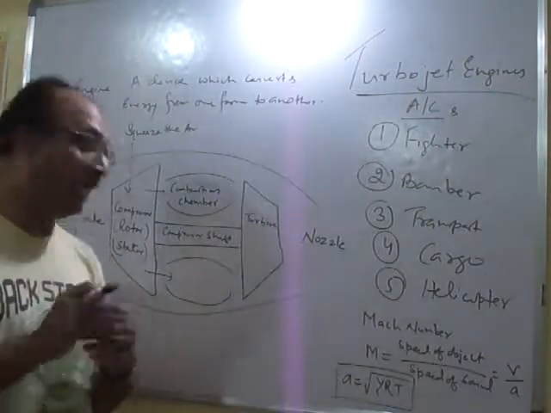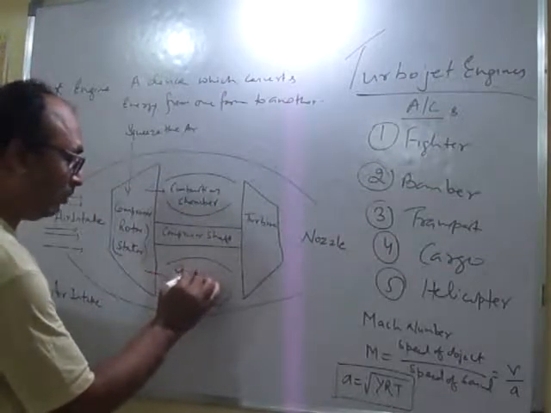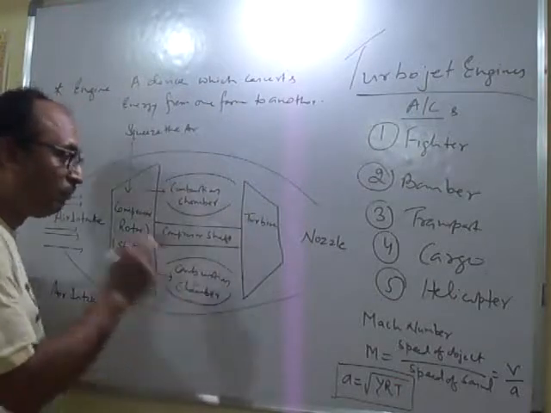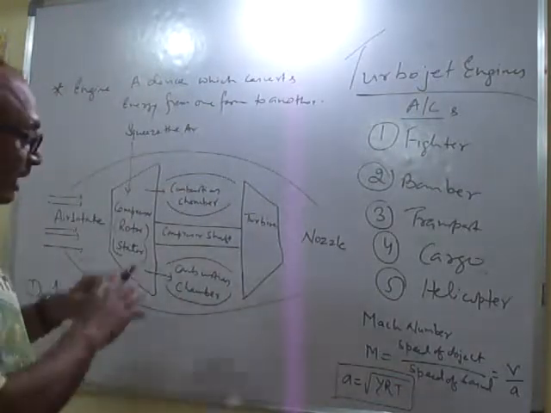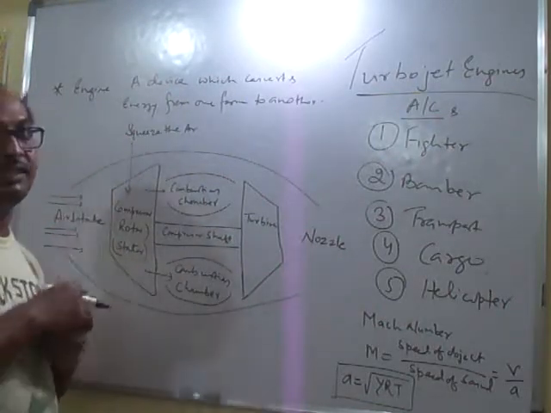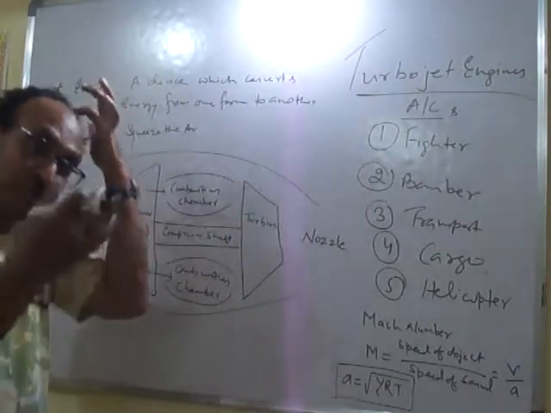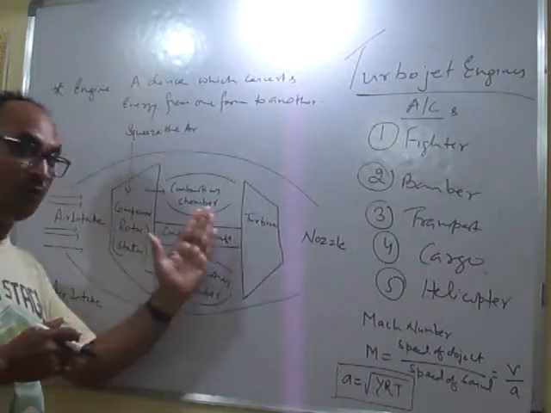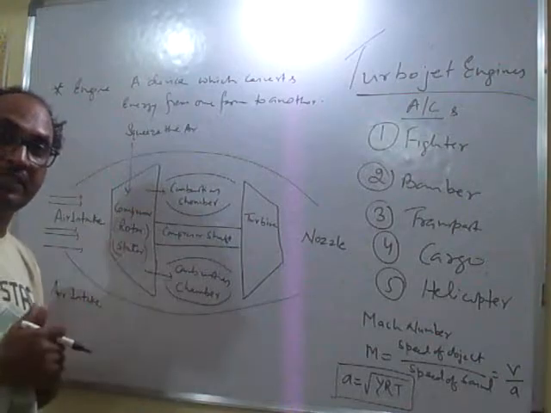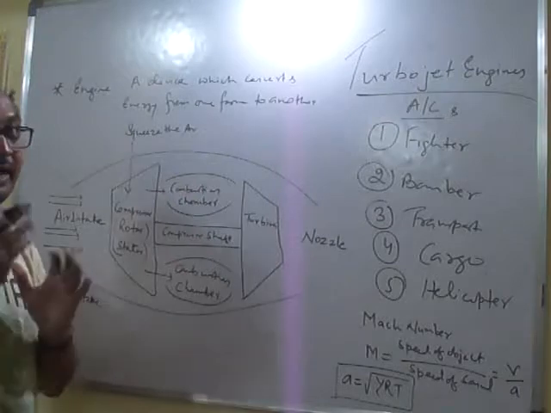So high pressure air enters the combustion chamber, fuel is injected, and there will be vortex mixing in the combustion chamber, and ignition takes place through an igniter plug. The ignition mechanism is also different. In this particular engine, it is a continuous ignition process. The role of the combustion chamber is to provide a place for combustion of the fuel and air mixture.